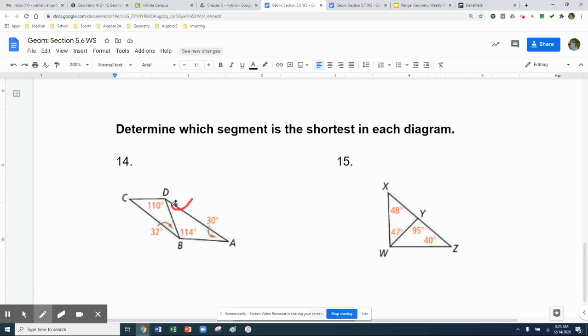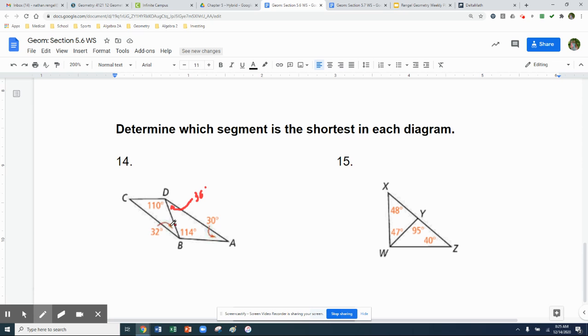Anytime in a triangle, if you know two angles, you also know the third angle. So here I've got 114, and then I've also got a 30. So that means that these two add up to 144. Then that leaves me with 36 degrees for this angle right here. So that angle is going to be 36. And then over here I've got 110 and I've got 32.